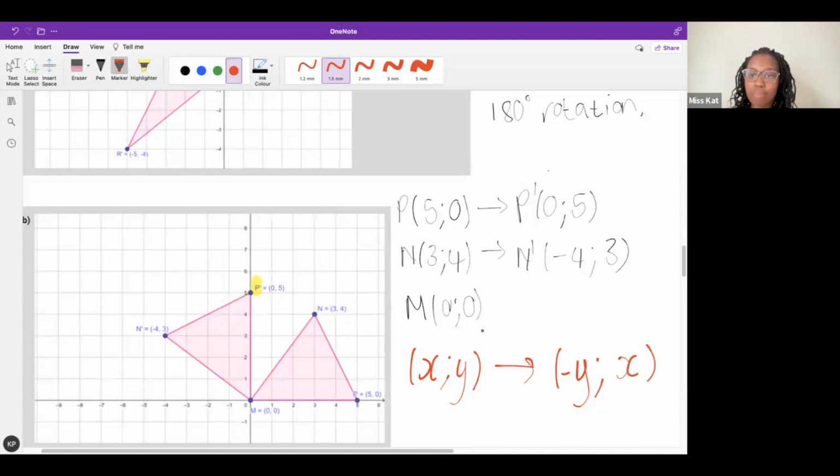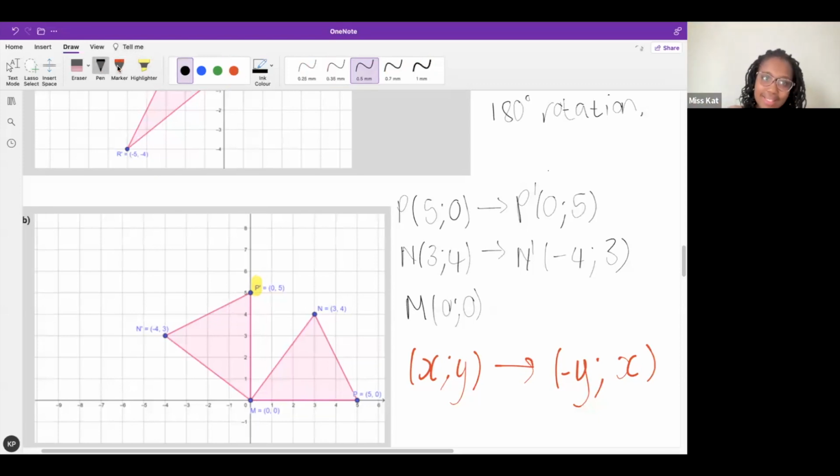Now let's see, did we swap them? Yes. Did they change signs? Yes, guys. There are two options here. 270 degrees clockwise.